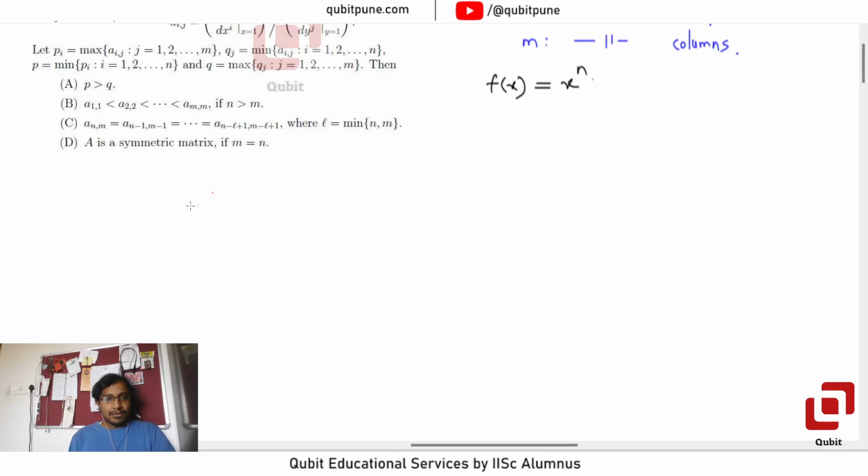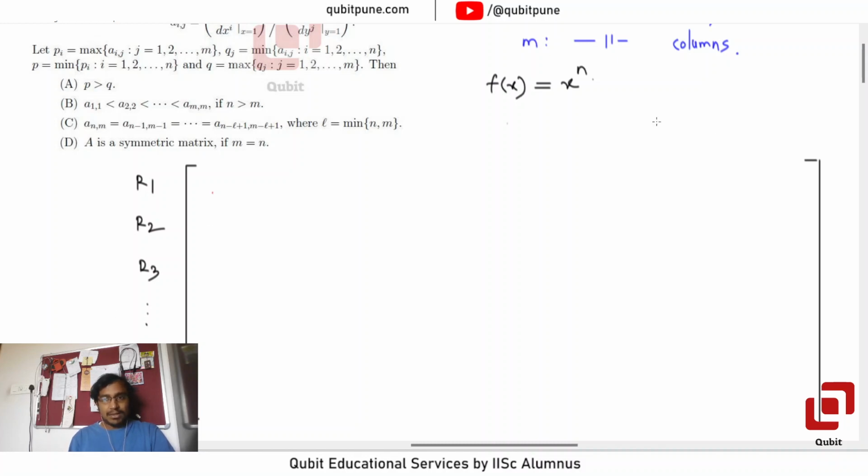So suppose this is our matrix, and these are our rows r1, r2, r3, then let me say r(n-1), and then finally rn.